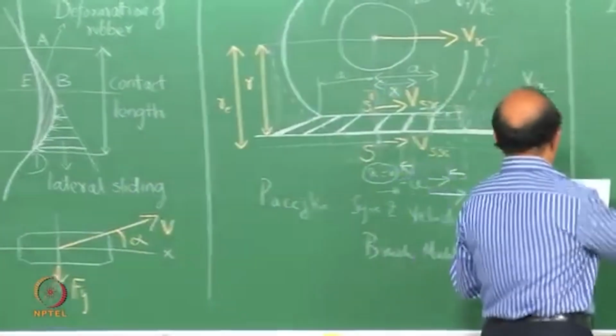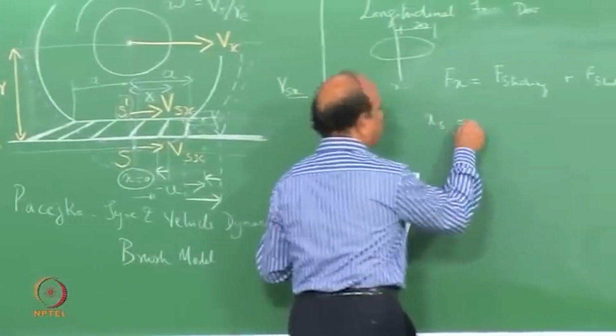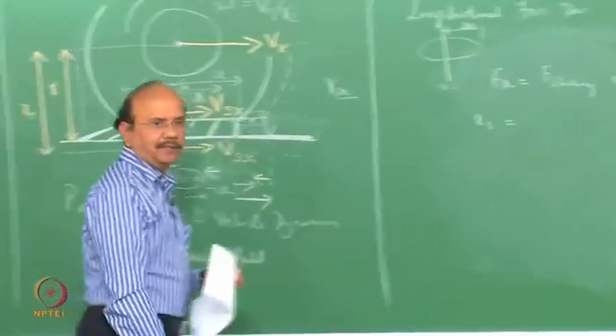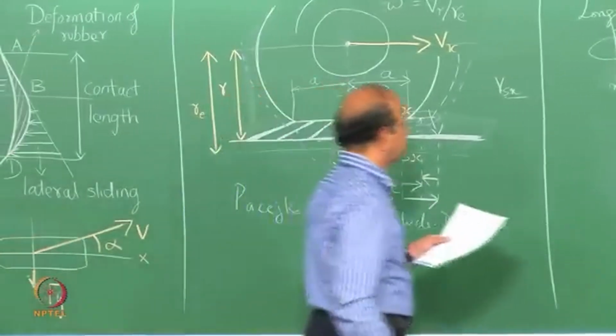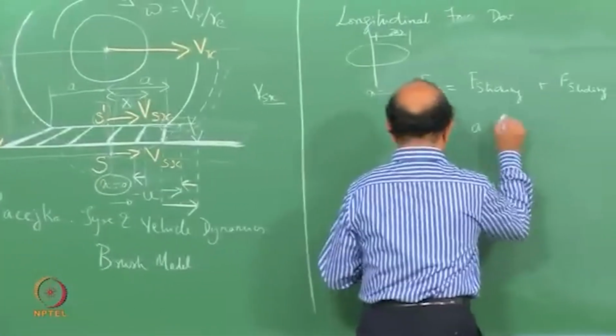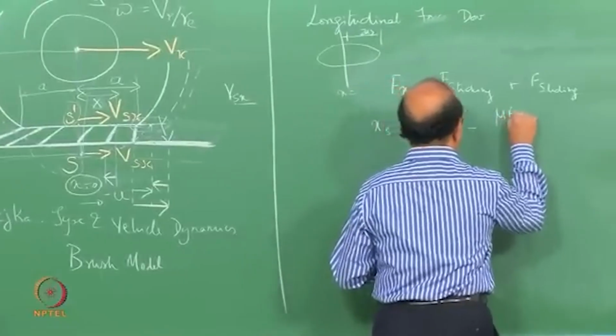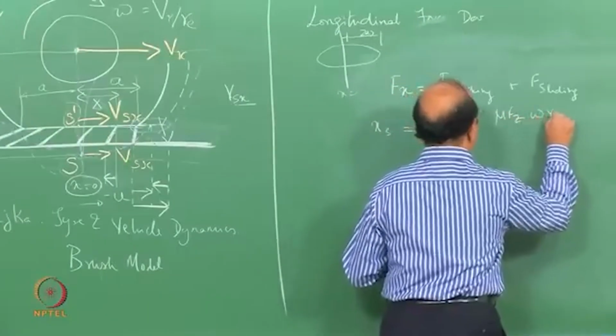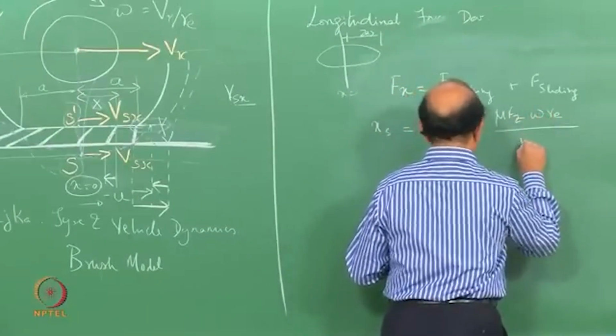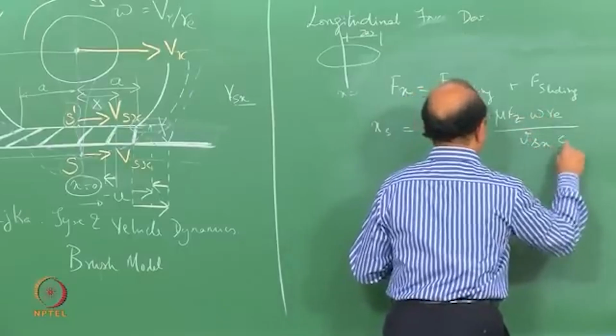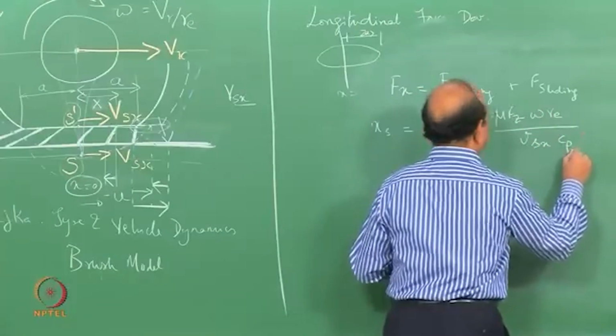So I can write down xs from my previous expressions. You can see that it is Fx omega r e divided by Vsx into Cpx.